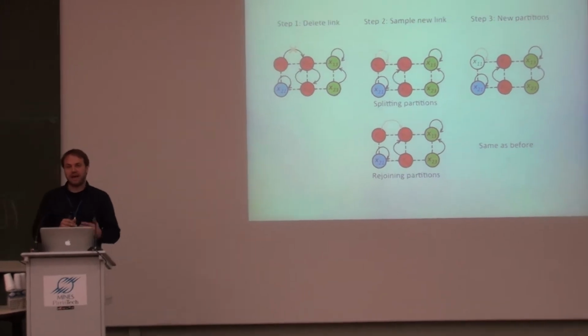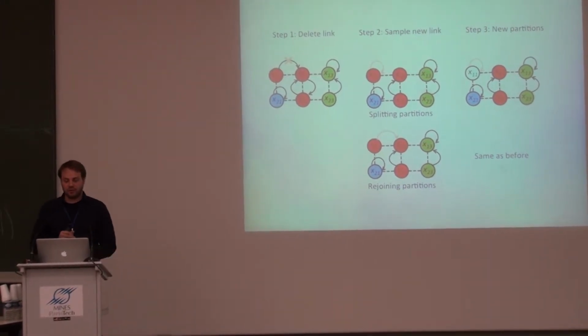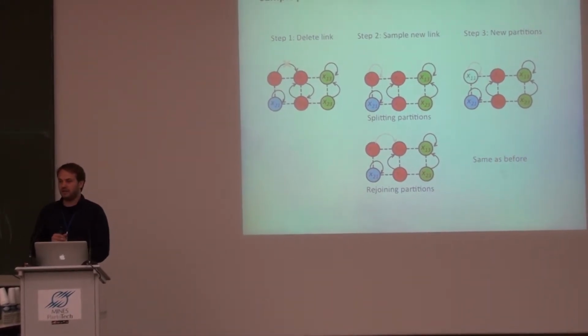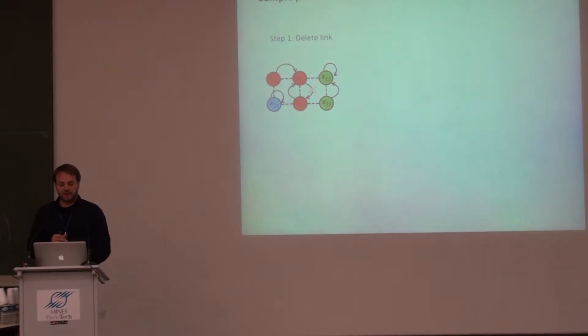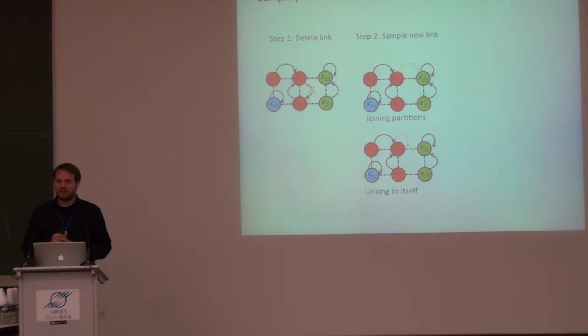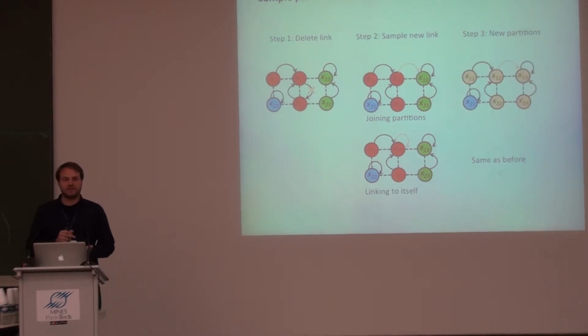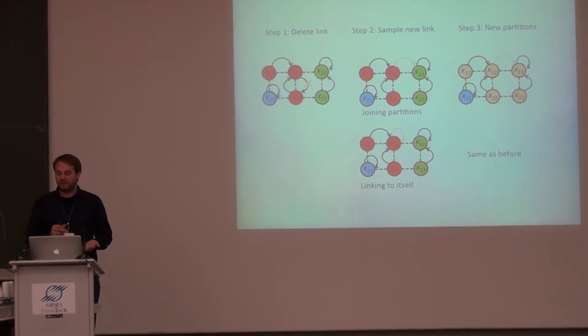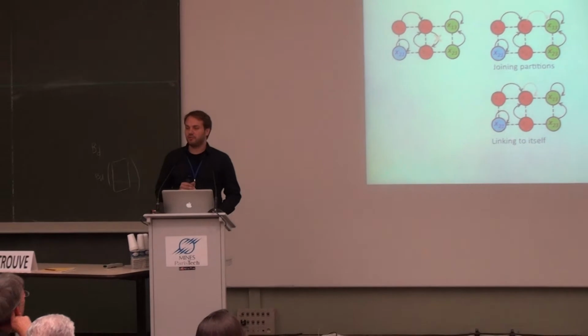Or if we just link back to the same voxel as before, we essentially keep the same partitioning structure. Another scenario is we delete a link, and we link the current voxel to an existing partition, which essentially merges the two partitions together. If we sample a self-link, we get the same partitioning structure as before.